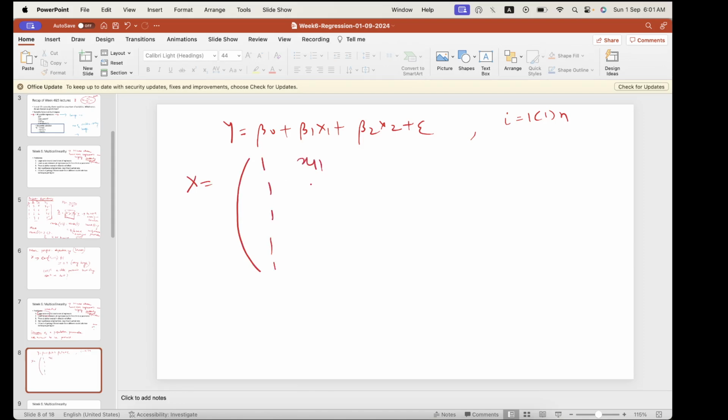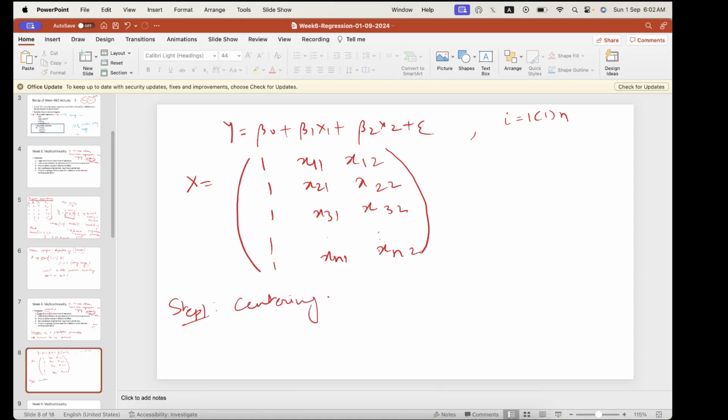Then we'll have x11, x21, x31 and xn1, and we also have, sorry, it will be x12, x22, x32 and so on till xn2. So this is the model matrix.